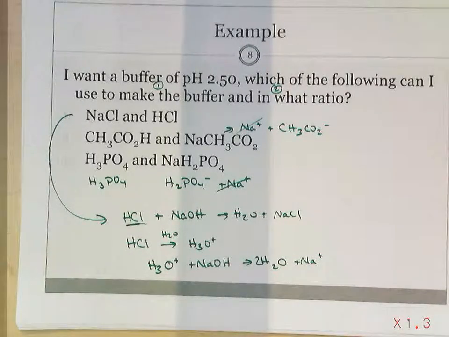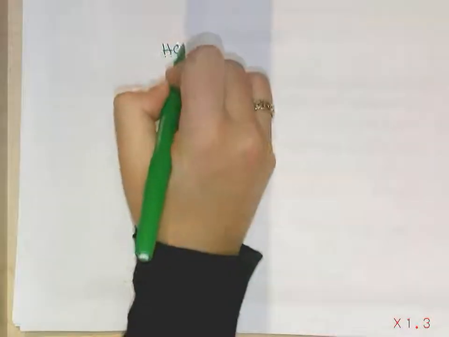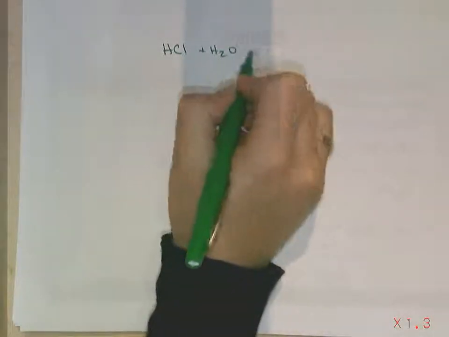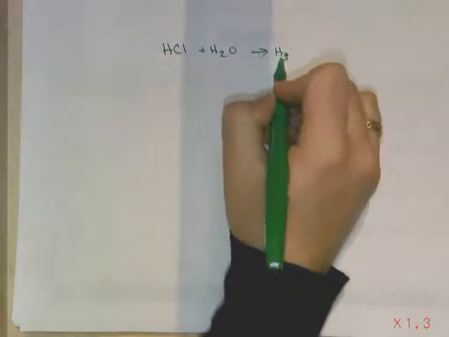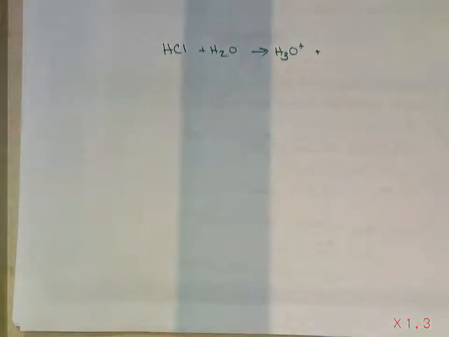All right, everyone's confused. Let's try this. I have HCl. If I combine that with water, what would be one of the two products made? And then what's the other one? Okay.